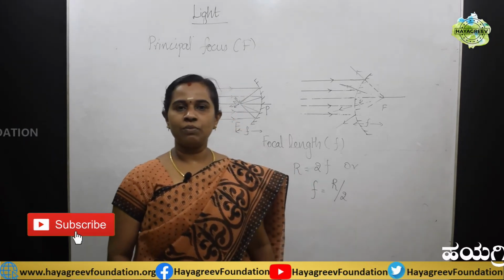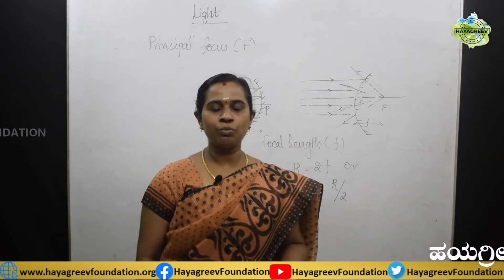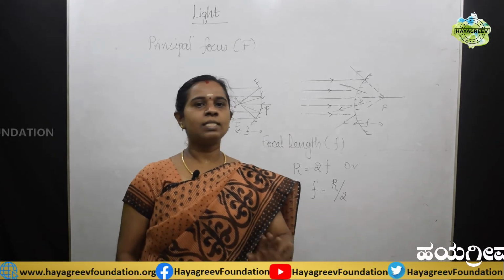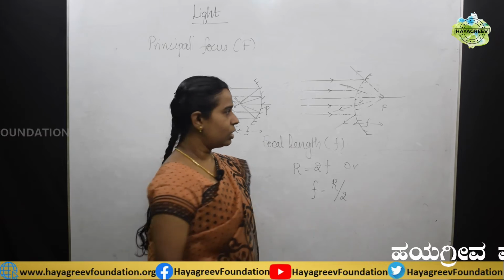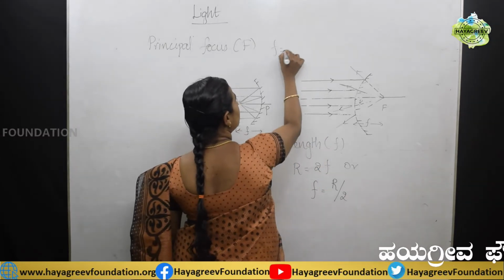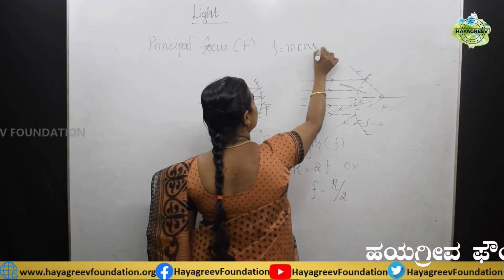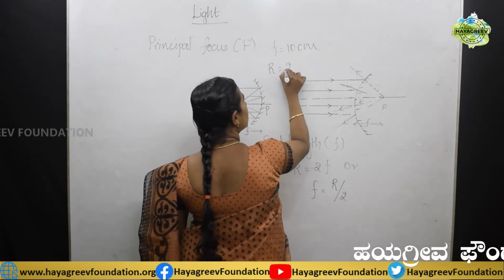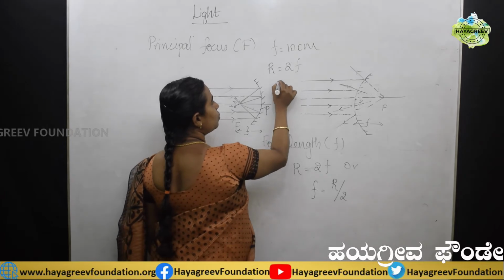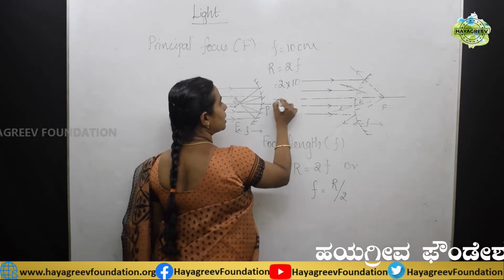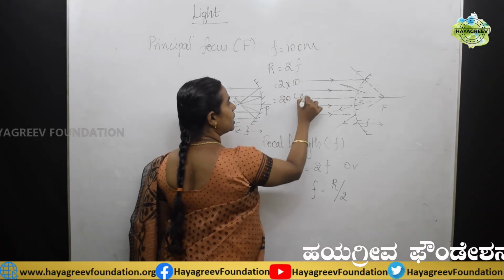One example I am giving: if the focal length of a concave mirror is 10 centimeter, then what is its radius of curvature? The focal length is 10 centimeter, so the radius of curvature is twice the focal length. So 2 into 10 is 20 centimeter.